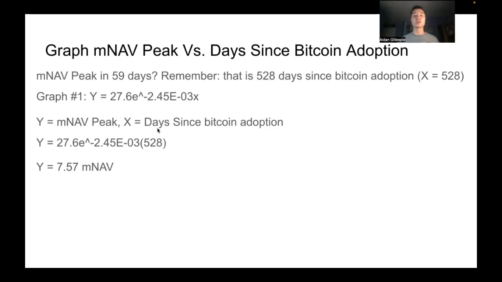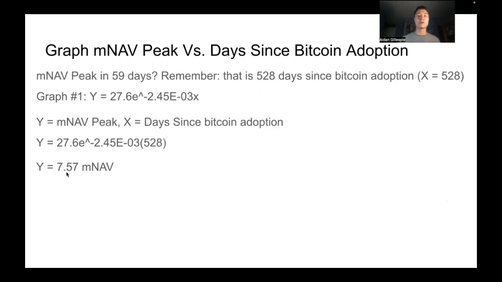So it would take 528 days for us to get to the fourth peak that we're expecting in MNAV. So we'll just plug in 528 for X. We plug that right in here for the equation. And then we get Y to equal 7.57. So the MNAV I'm expecting at that next peak is 7.57.